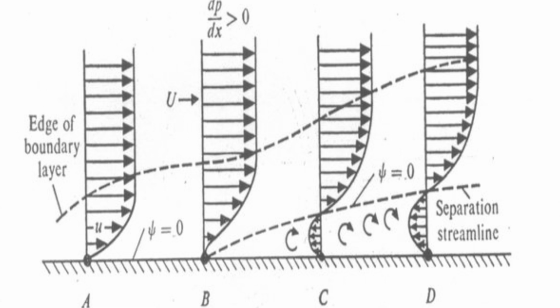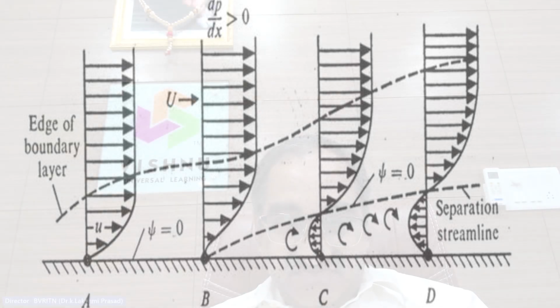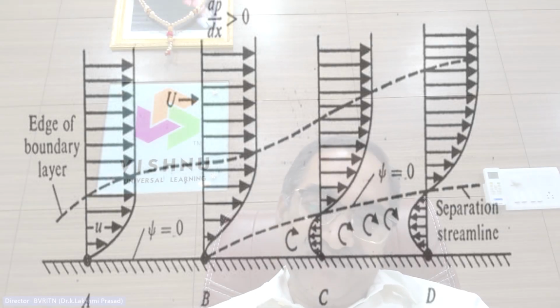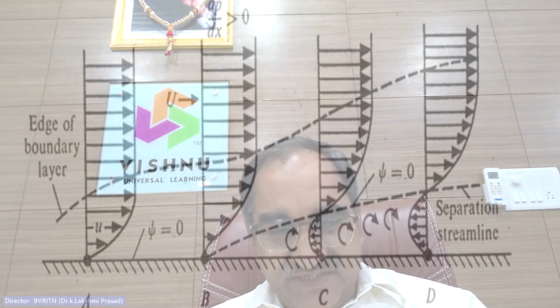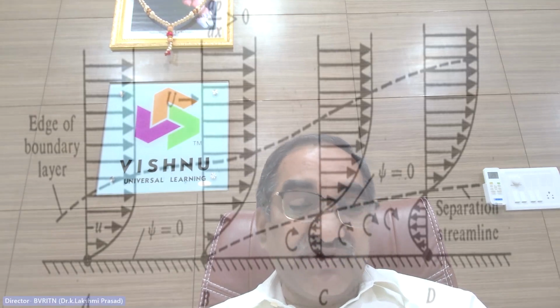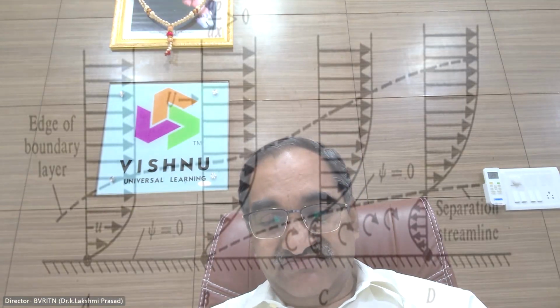The positive pressure gradient finally leads to separation of boundary layer, which is really a negative phenomenon because separation of flow always leads to more and more losses. So we do not want separation to take place. But in some cases, separation occurs.